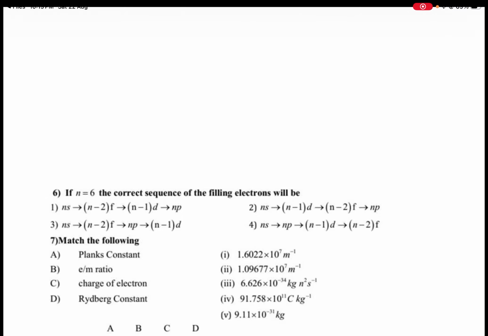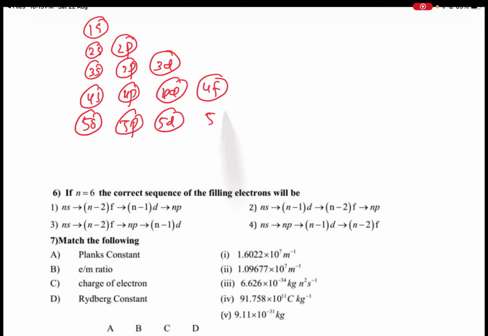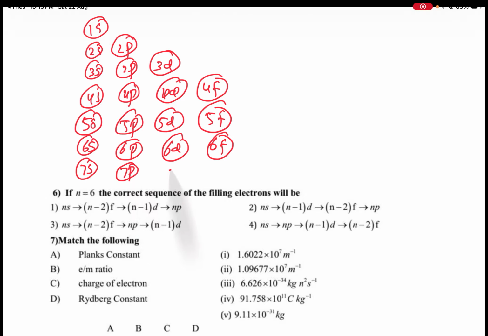So we know the Aufbau diagram: 1s, 2s, 2p, 3s, 3p, 3d, 4s, 4p, 4d, 4f, 5s, 5p, 5d, 5f, 6s, 6p, 6d, 6f, 7s, 7p, 7d, 7f.